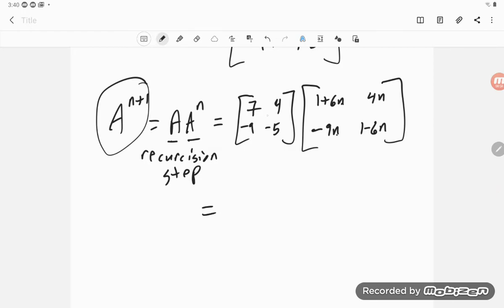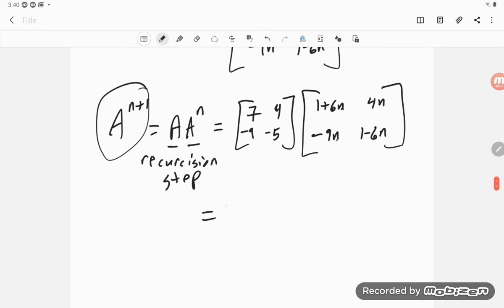This is equal to, well, the first row, 7, 4, dotted with the first column, 1 plus 6n and minus 9n. So my first component here, top left, is 7 times 1 plus 6n, and then a minus 4 times 9n. Then do the 7, 4, and the 4n and the 1 minus 6n. So I've got 7 times 4n plus 4 times 1 minus 6n.